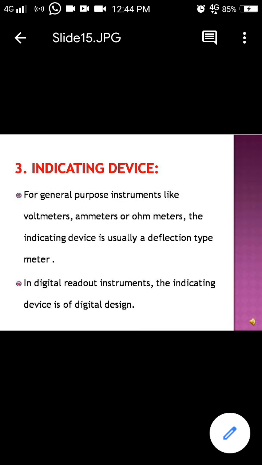For general purpose instruments like voltmeters, ammeters or ohmmeters, the indicating device is usually a deflection type meter. In digital readout instruments, the indicating device is of digital design.